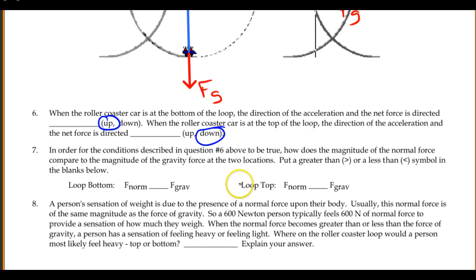Okay, so to be at the bottom, the normal force has to be greater than the force of gravity, whereas when we're at the top, it's going to be less than the force of gravity. So again, you're going to feel heavy at the bottom, and you're going to feel relatively light at the top.